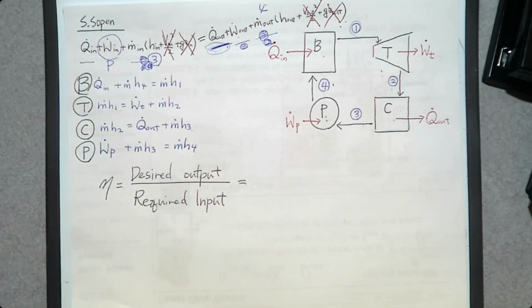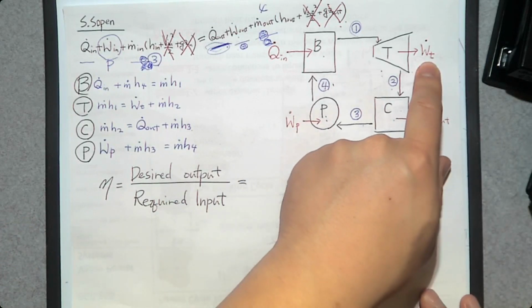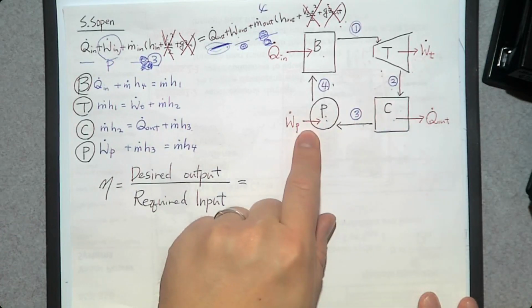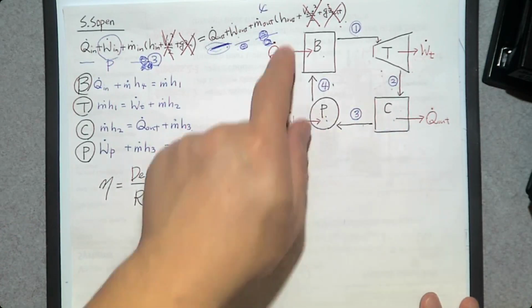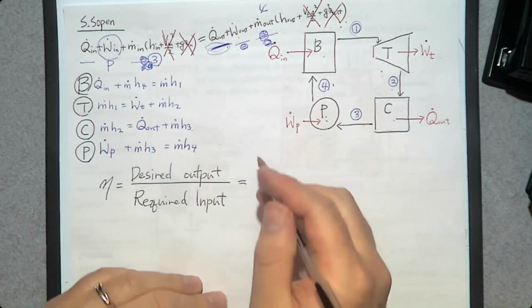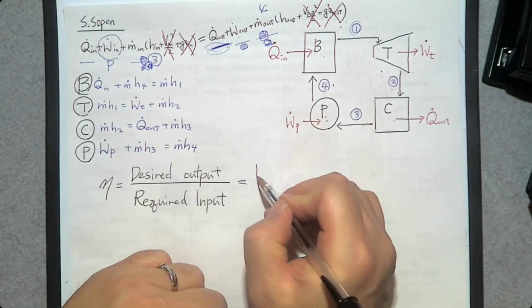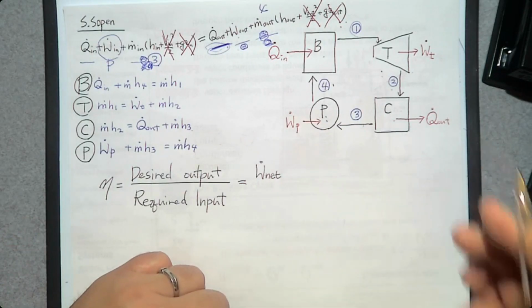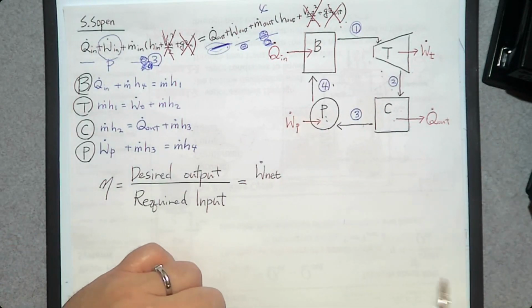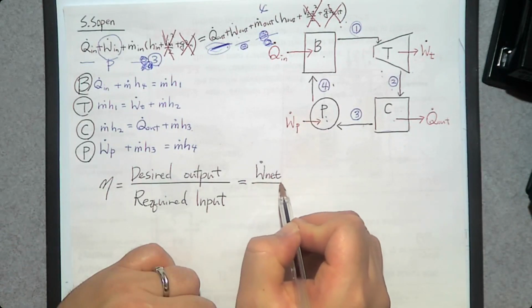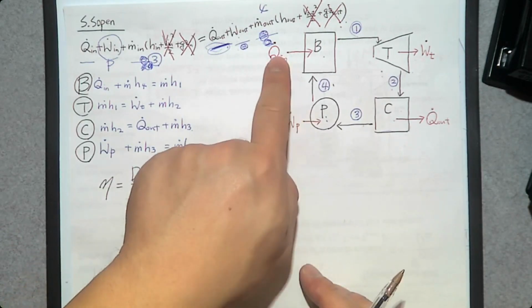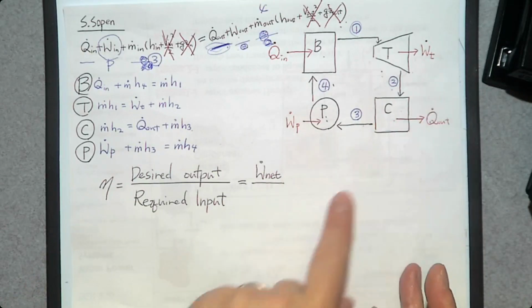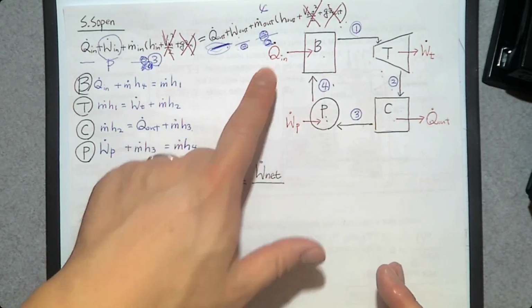So what is the desired output? We want to produce turbine power, and we want to consume pumping power so that we can run this cycle. So the desired output is going to be the net energy transfer by work over the required input, what we need to provide to produce this net power, Q dot in.